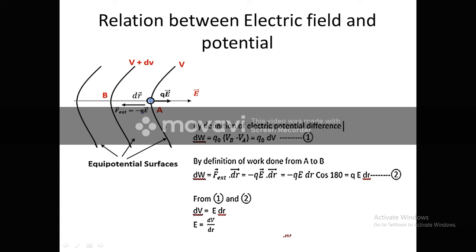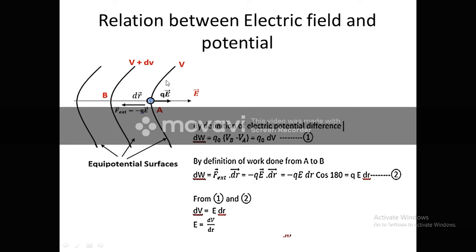It means if this is an equipotential surface, the potential at each point of this surface would be the same. If we place the test charge over here or over here or over here, it will have the same potential.